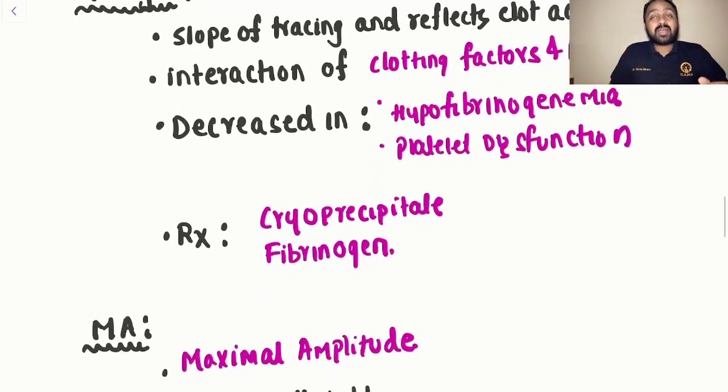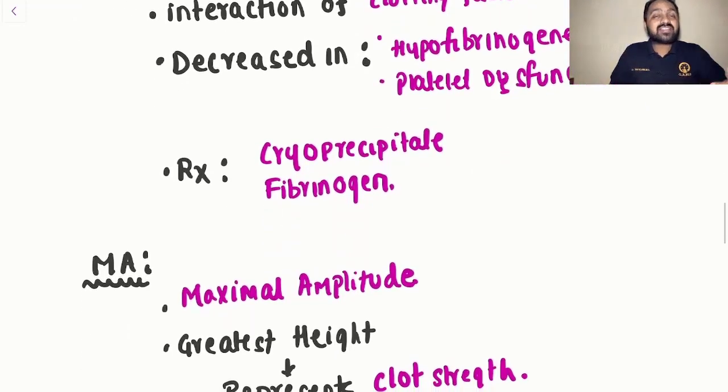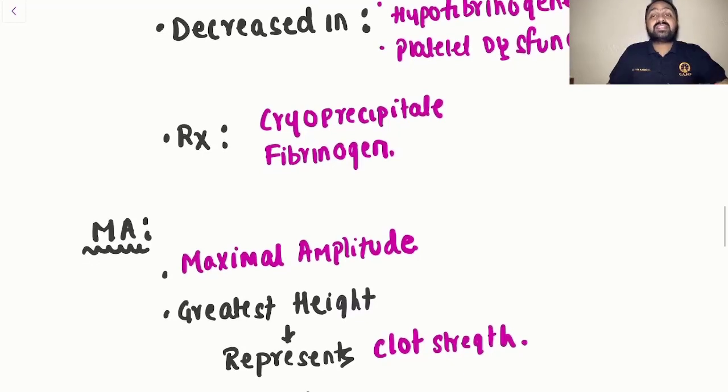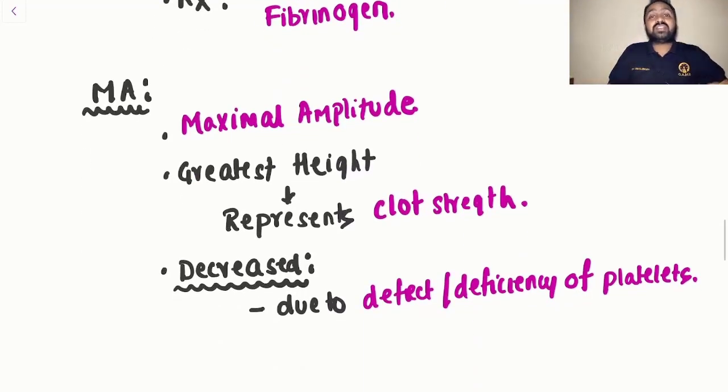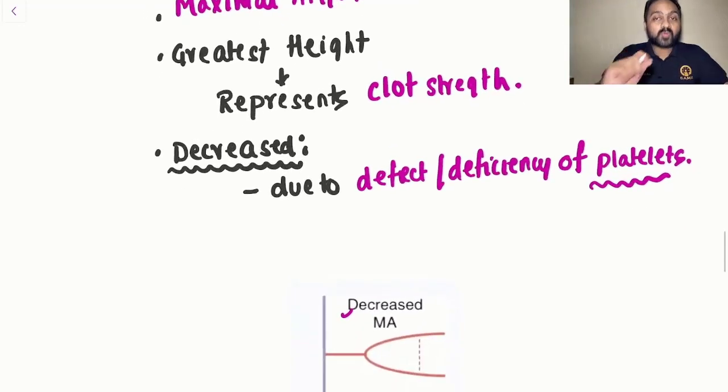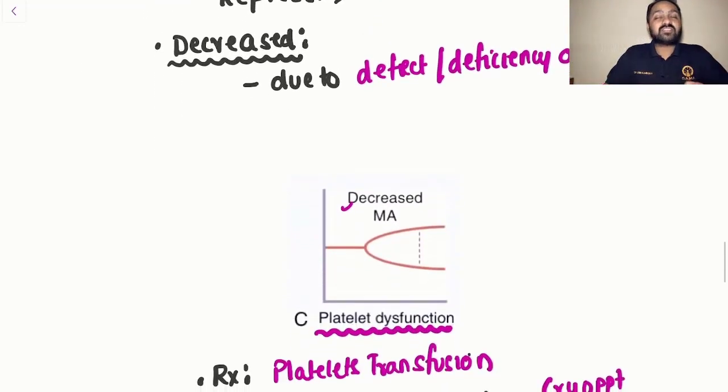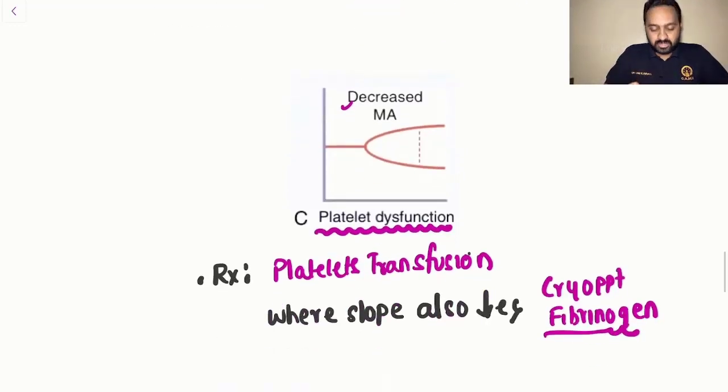Now MA is your maximal amplitude. This is the greatest height which determines or represents the clot strength. Now decreased MA is due to the defect or the deficiency of platelets. So you would be requiring in your treatment your platelet transfusion. But in the cases where your slope also decreases, you would need to administer cryoprecipitate and fibrinogen.